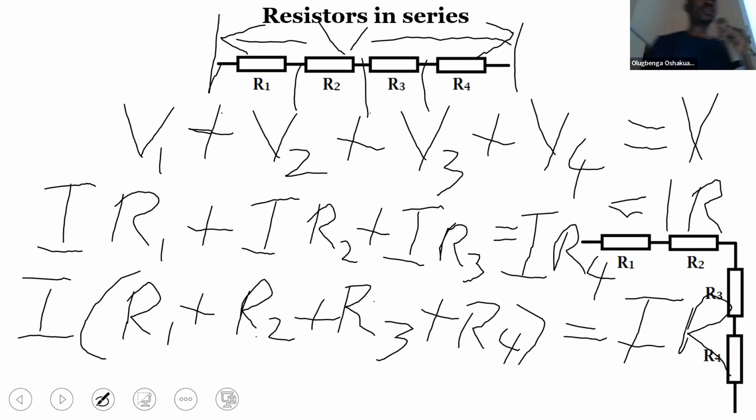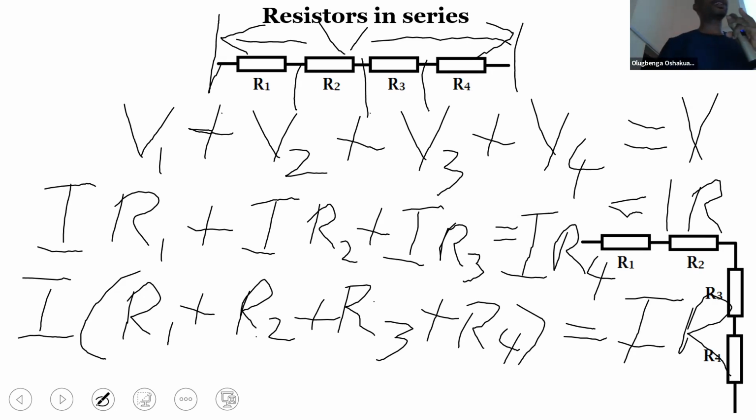To simplify further, you divide both sides by I. You'll be left with R1 plus R2 plus R3 plus R4 equal to R. And that is how to find an equivalent resistance for R1, R2, R3, and R4.